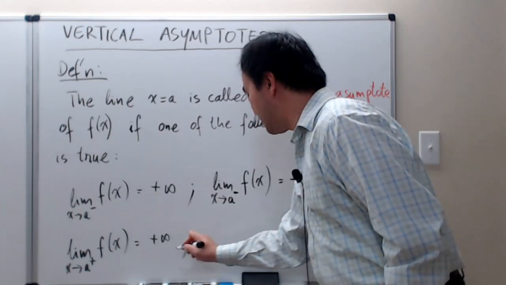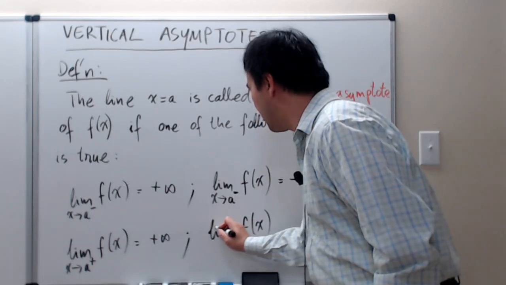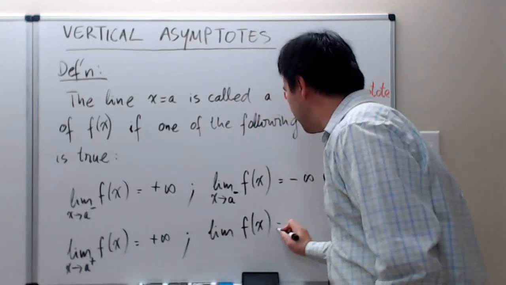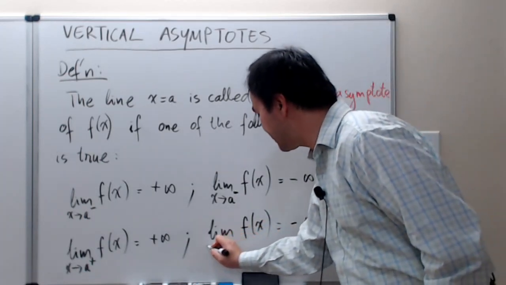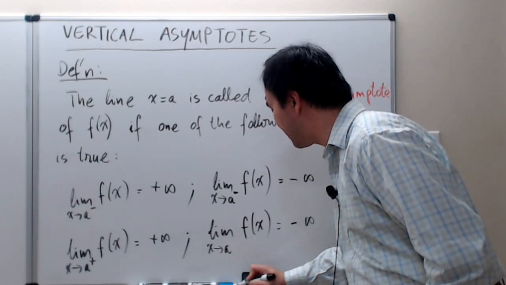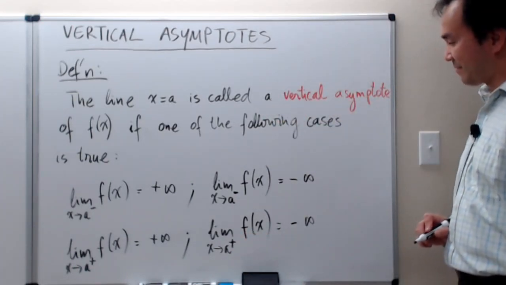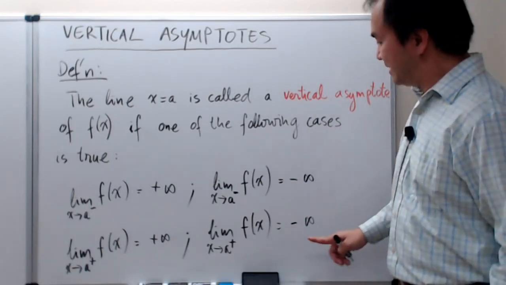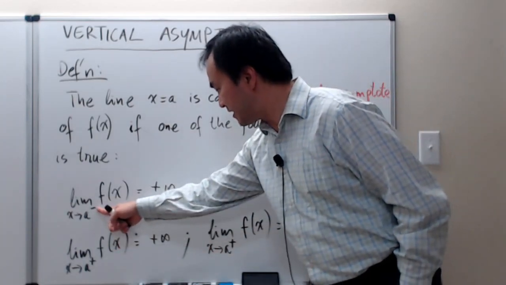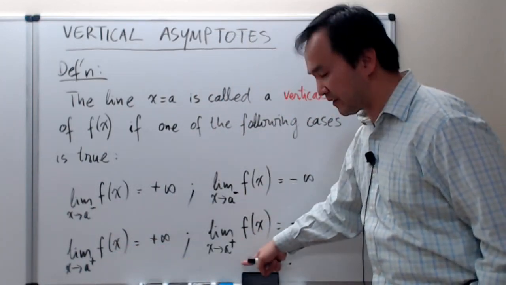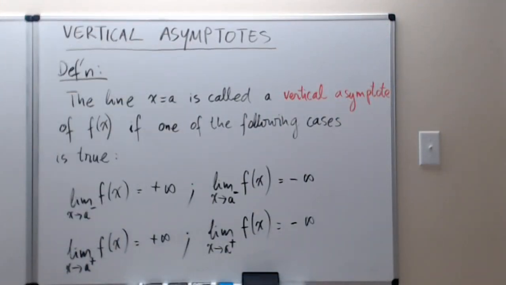Or your function f of x has a limit going to negative infinity as x gets close to a from the right-hand side. Each of these is one case, approaching a from either the left-hand side or the right-hand side.